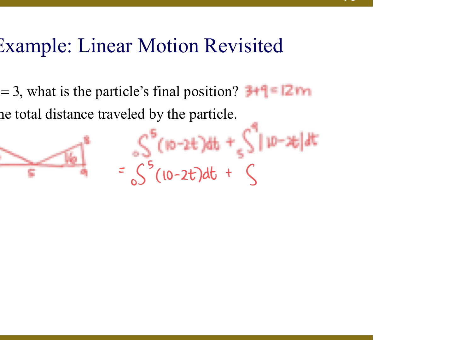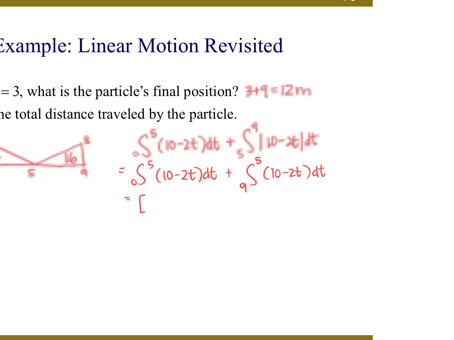One way to take something that's below the x-axis and make it positive is to run your bounds backwards. Because we know it's already negative, and if we run our bounds backwards, that's going to give me another negative. So I can switch my bounds from 9 to 5 and then go from 10 minus 2t dt. So that would be one option.